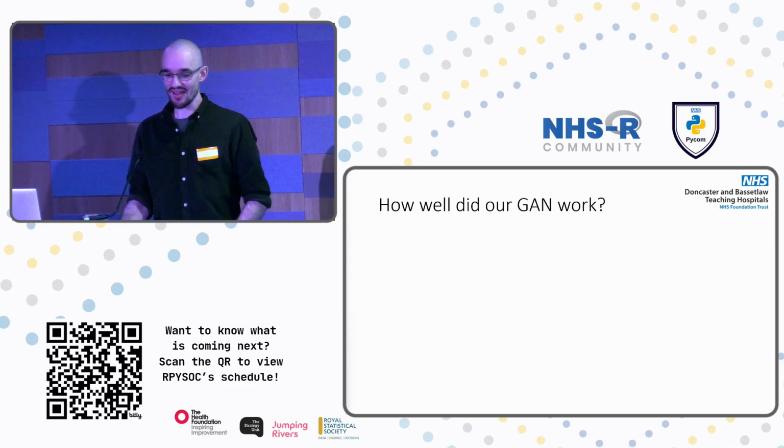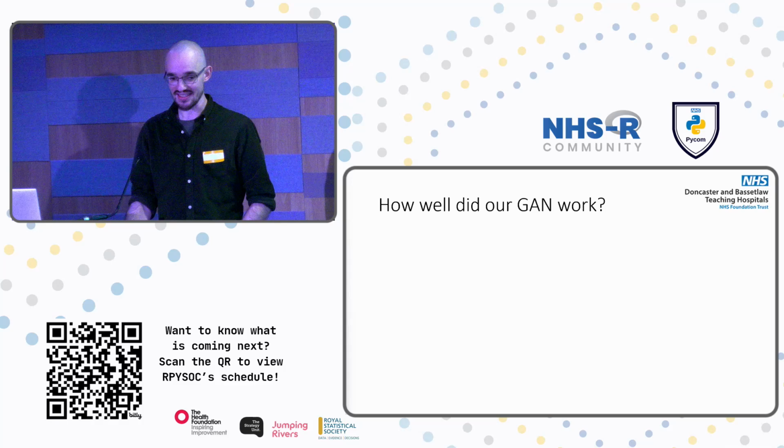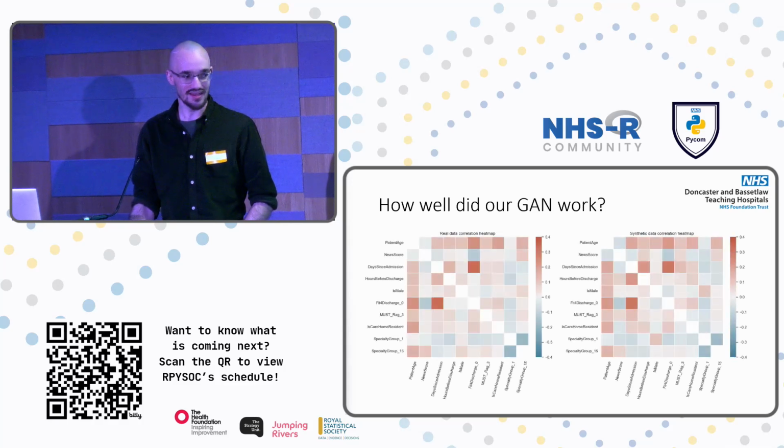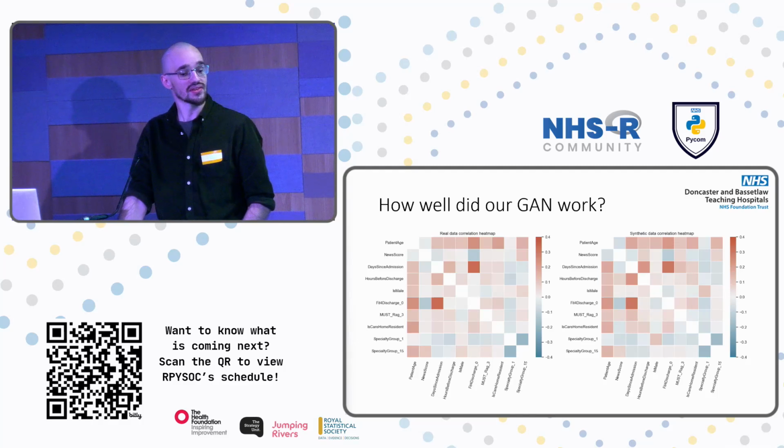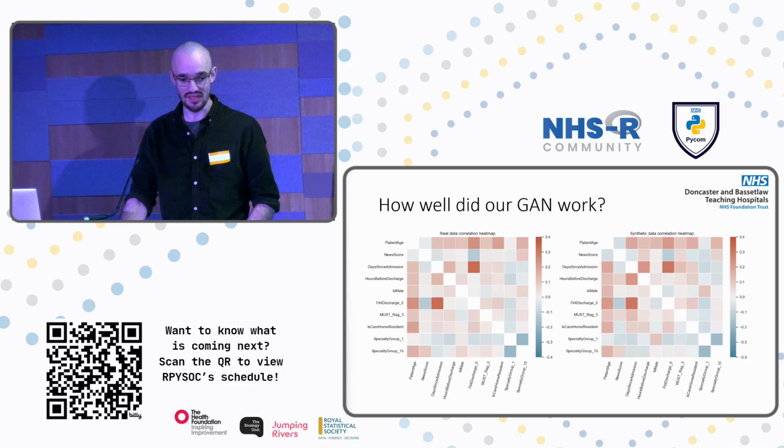So I'll go into some of the difficulties we had in implementing that at the end, but before I get to that, it seemed worth giving an idea of what we were able to achieve with this kind of approach. On the left-hand side here, you can see a correlation heat map with different features we put into our model, for the real data.